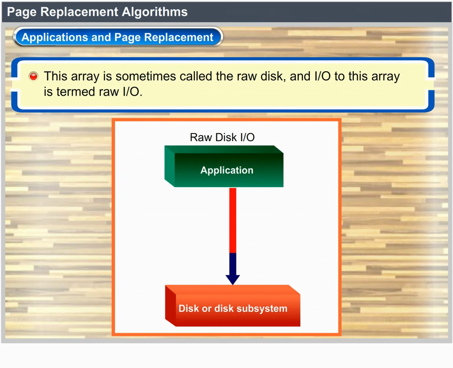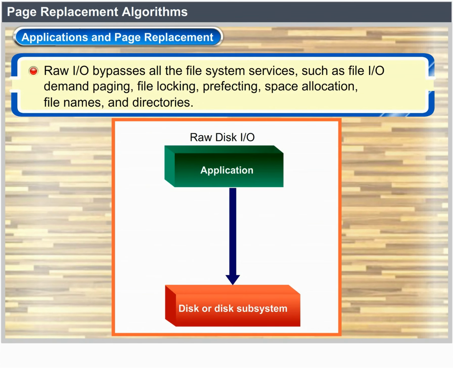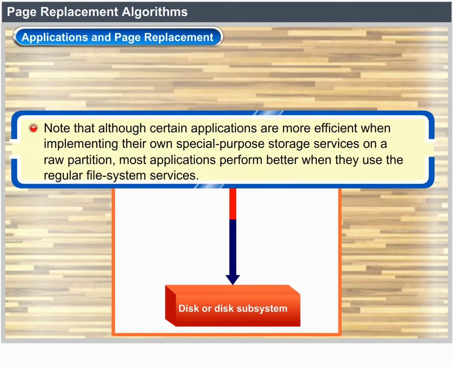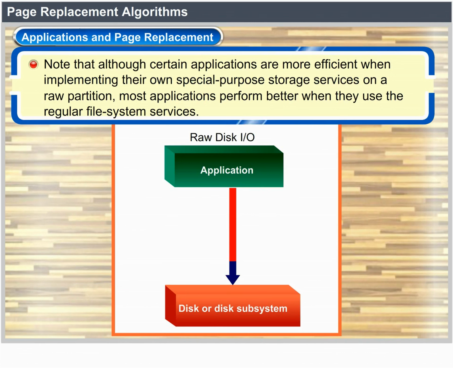Raw input-output bypasses all the file system services such as file input-output demand paging, file locking, prefetching, space allocation, file names, and directories. Notice that although certain applications are more efficient when implementing their own special-purpose storage services on a raw partition, most applications perform better when they use the regular file system services.